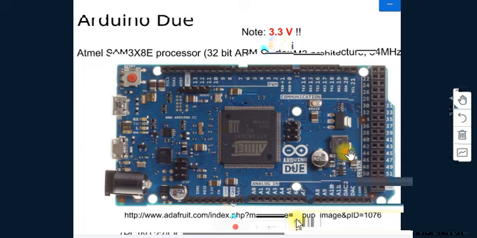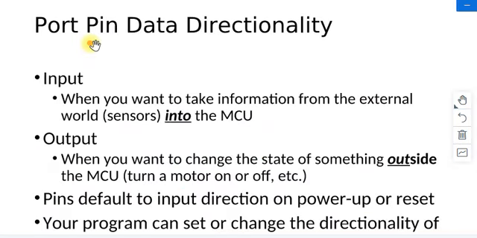So input means the information which we want to receive from external sources. Output means when we want to change the state of something, like the on and off of any system, then we call it the output of the MCU, the microcontroller unit.